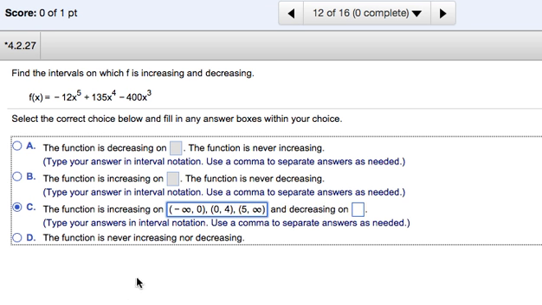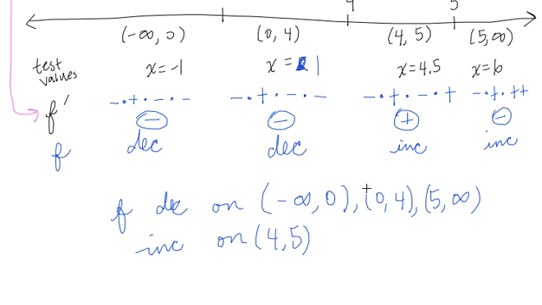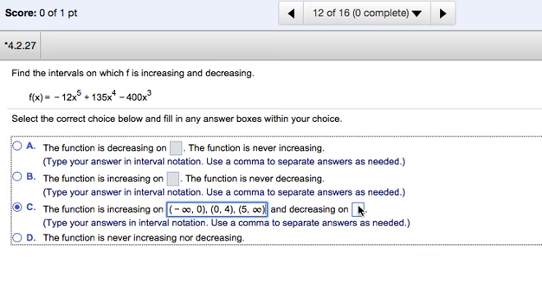Let's double check that. Yeah, and then increasing from 4 to 5. Oh, I did that backwards. Let's move that over to decreasing. And it's increasing from 4 to 5.